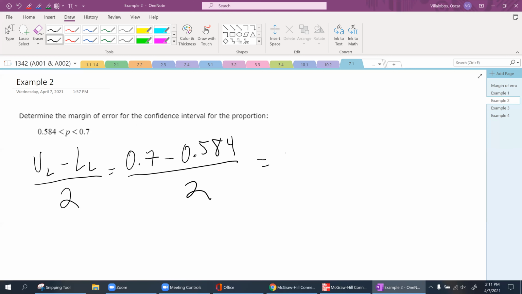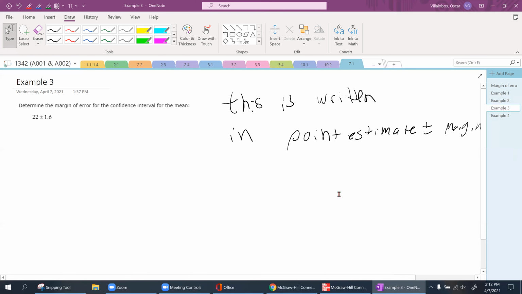Here I get 0.7 minus 0.584 divided by 2, and my margin of error is 0.058. Those are pretty straightforward, and there's a reason we're doing this: it's a buildup.